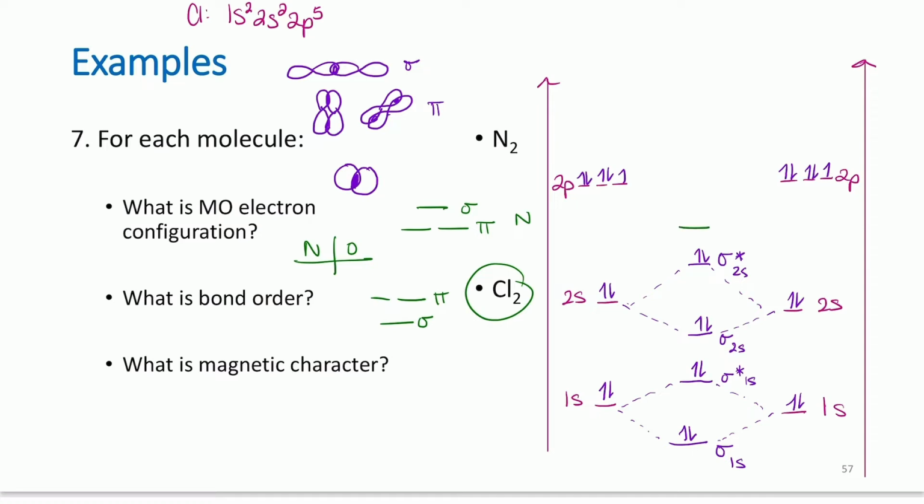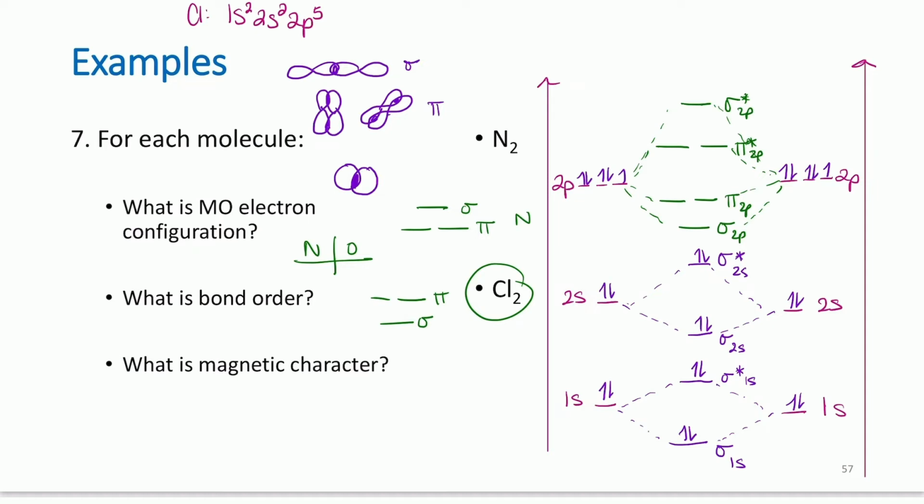So my sigma 2p is lower in energy than my pi 2p. Up here, pi star 2p and sigma star 2p. The top half is the same no matter what element you're looking at, but the bottom half does flip.